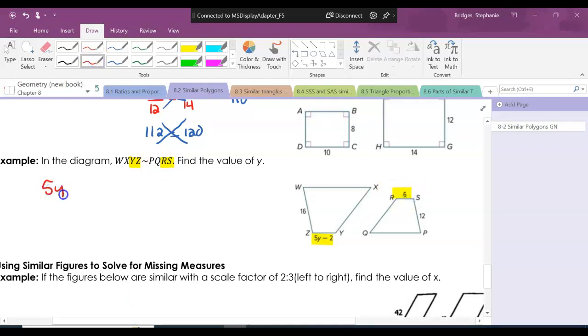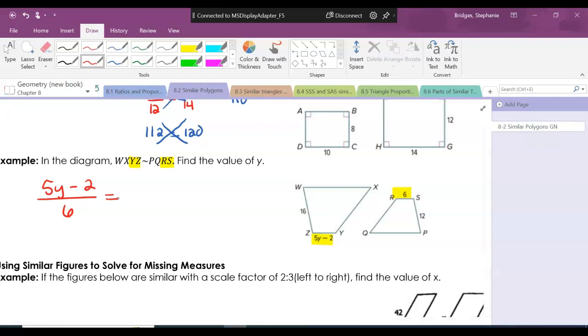So I'm going to go 5Y minus 2 over 6. I'm going to make that equal to, here's the key when you write your proportions. I started with 5y minus 2, which is in this figure. So in my other ratio, I have to use a side length from this same shape.